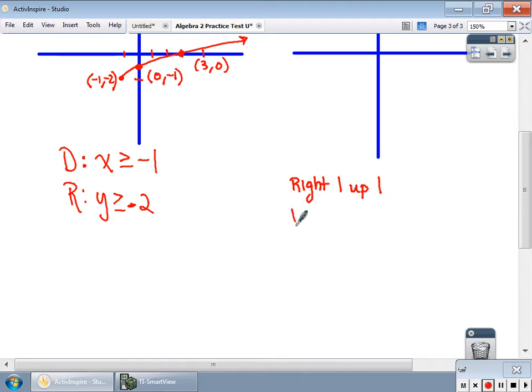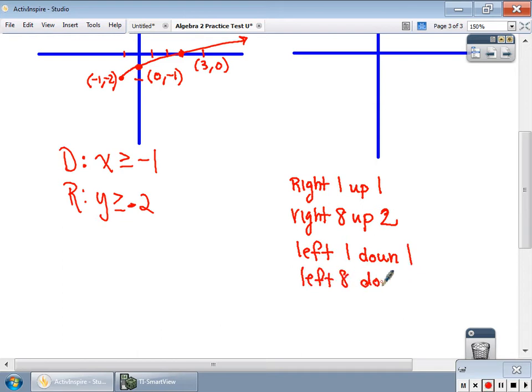But then you go right 8, up 2. You also have to go to the left. Left 1, down 1. It's exactly opposite what these are. So the next one would be left 8, down 2.